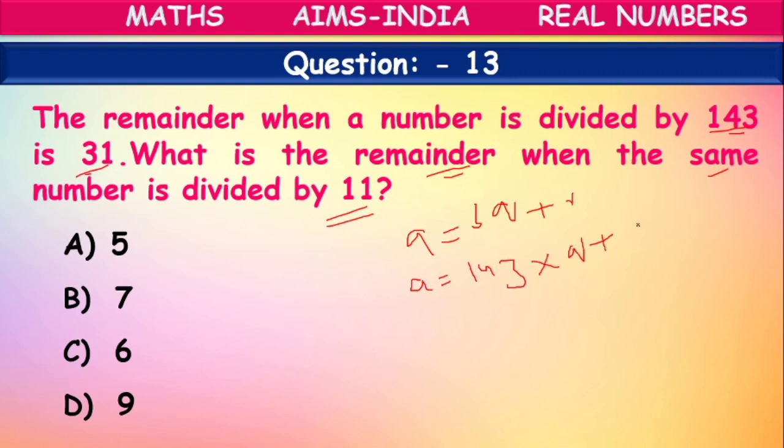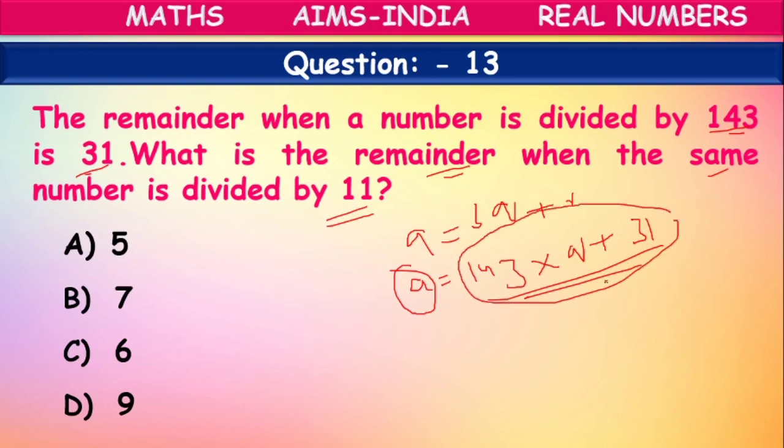Let it be Q. Remainder is 31. So now A equal to this much. So this is the number. Now what they are asking, when the same number is divided by 11, what is the remainder? Now let's take this as the number. What is the number? 143 into Q plus 31. Now this is the number. This we have to write in terms of 11.